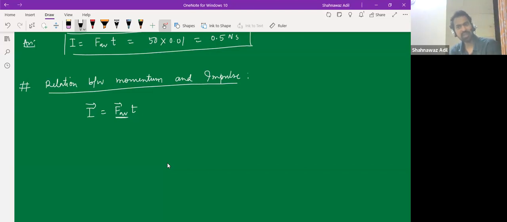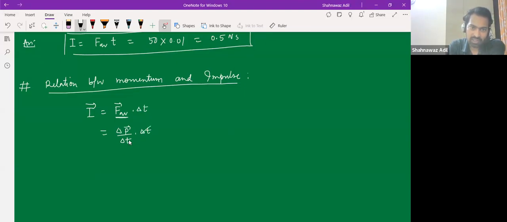So MA is also correct, but we derived F equals MA from the previous one, as Akib is saying. From this law, we derived F equals M a. So this is also delta T, the change in time, right?